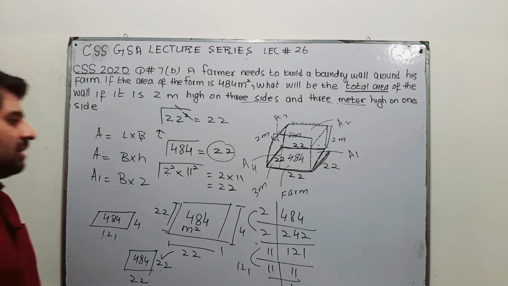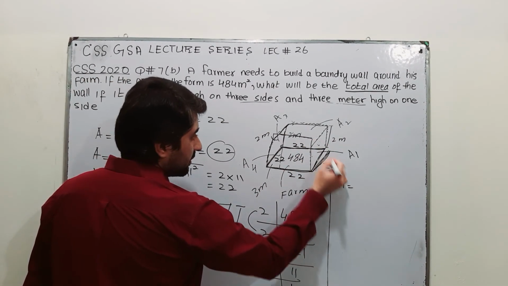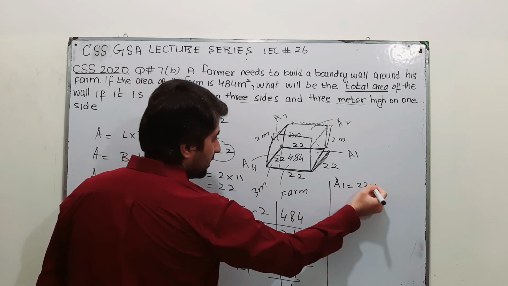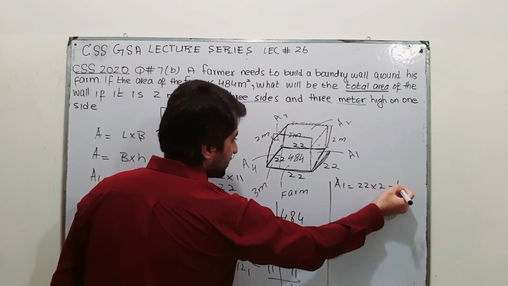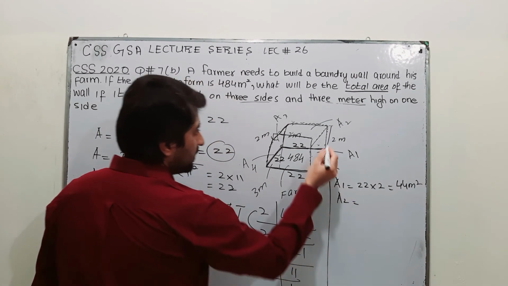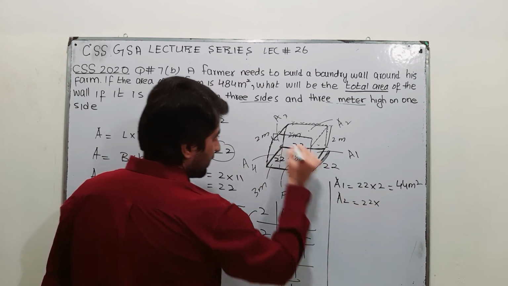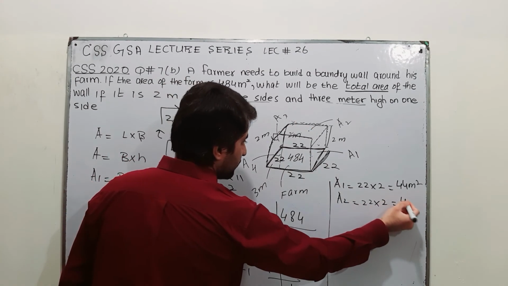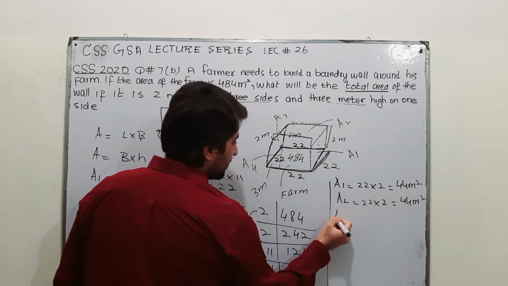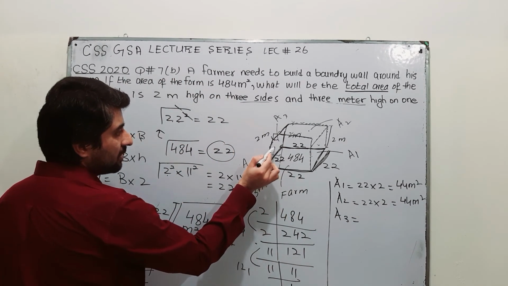Now you can find the area of the walls. A1 is the area of this wall. This one, base is 22, height is 2, that is 44 meters square. A2 is the area of this back wall. Base is 22, height is 2, 44 meters square. A3 is the area of this side wall.